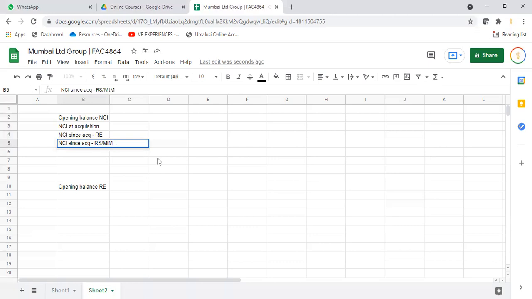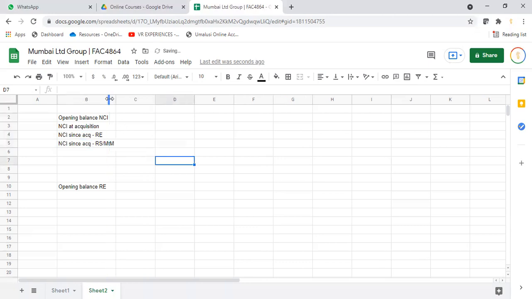Remember, you're not necessarily going to have both. So be aware of that. At acquisition is the date when you acquire, and since acquisition is from the date of acquisition up until the beginning of the current year. If you have more than one subsidiary, you do the calculation for each subsidiary.